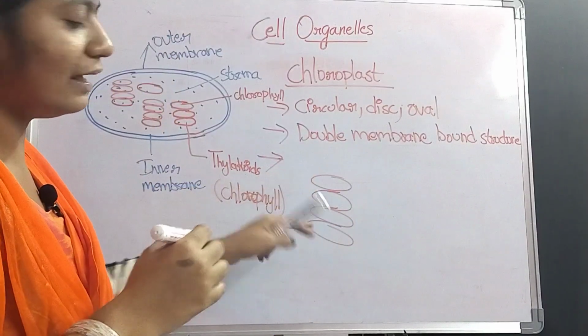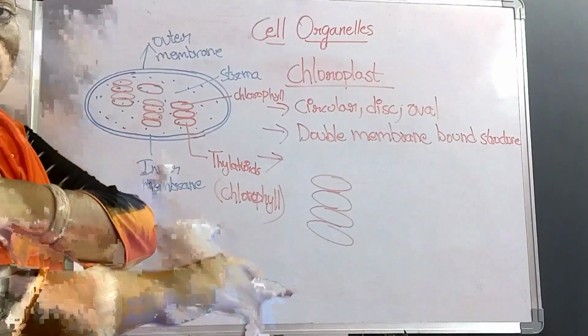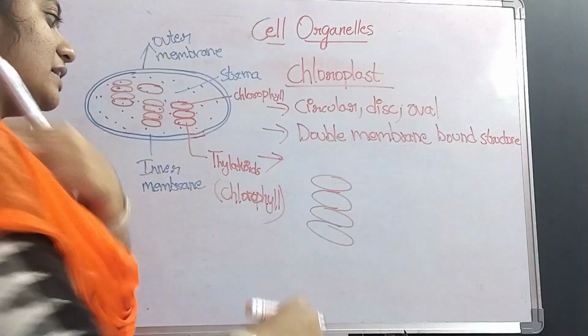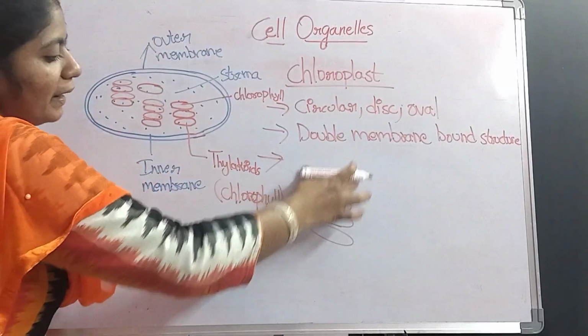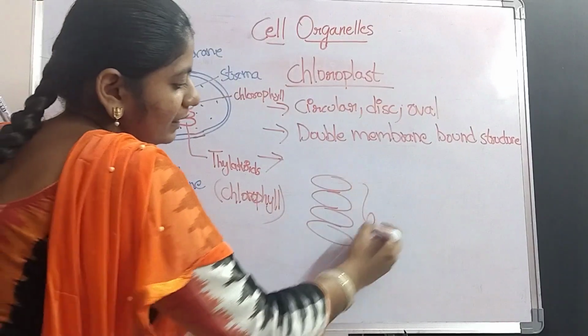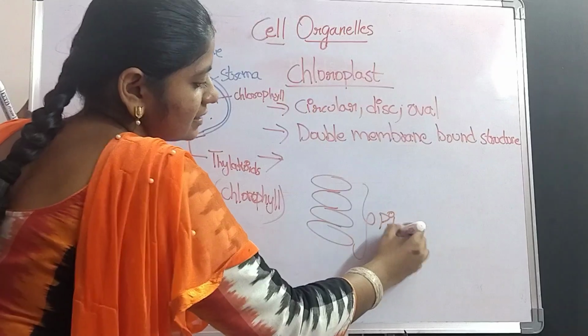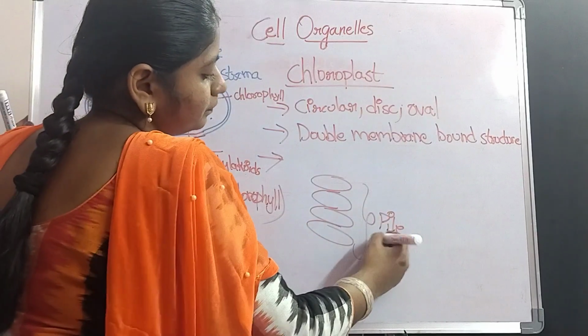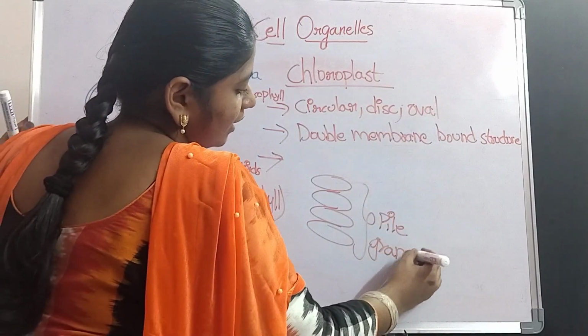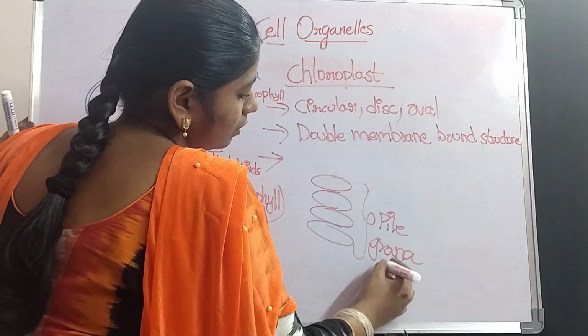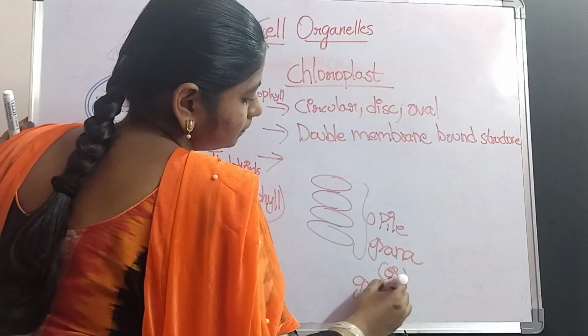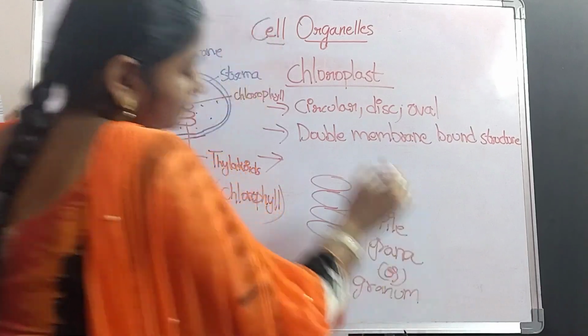So parallelly arranged thylakoids are observed in the stroma. These parallelly arranged pile-like structures are called as granum, or grana.